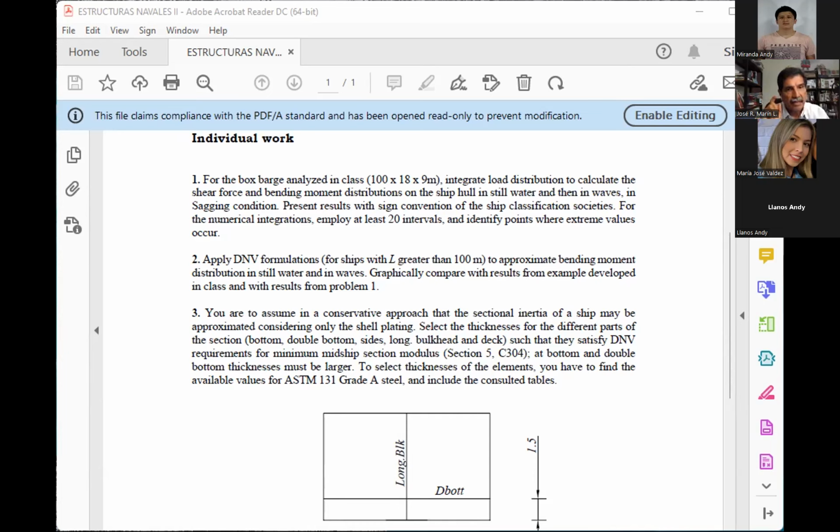So please, I want you to start familiarizing yourselves with the application of classification rules. We have had some exercises where you have to apply the rules. That's what we want to do. So you have to review that. In what section? I don't know. Look up longitudinal strength. There is a section on longitudinal strength. I think it's section 5.